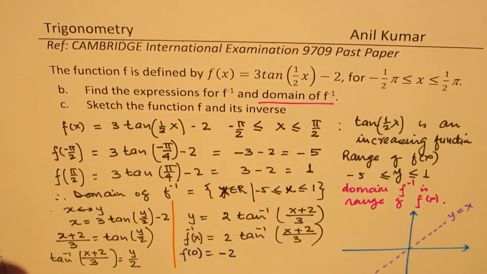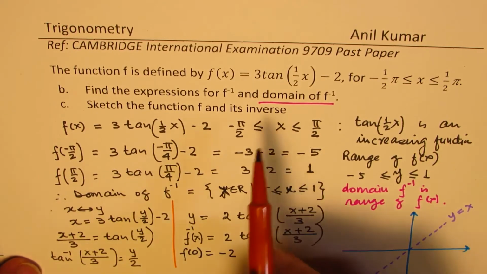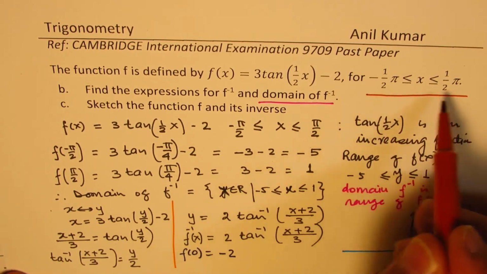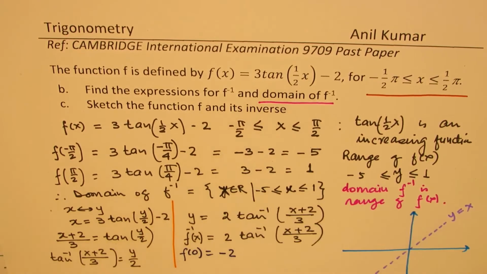Is that clear to you, right? Okay, so we'll begin with the graph of the function itself, which is tan, right? And we have this domain from minus pi by 2 to plus pi by 2 for the given function.